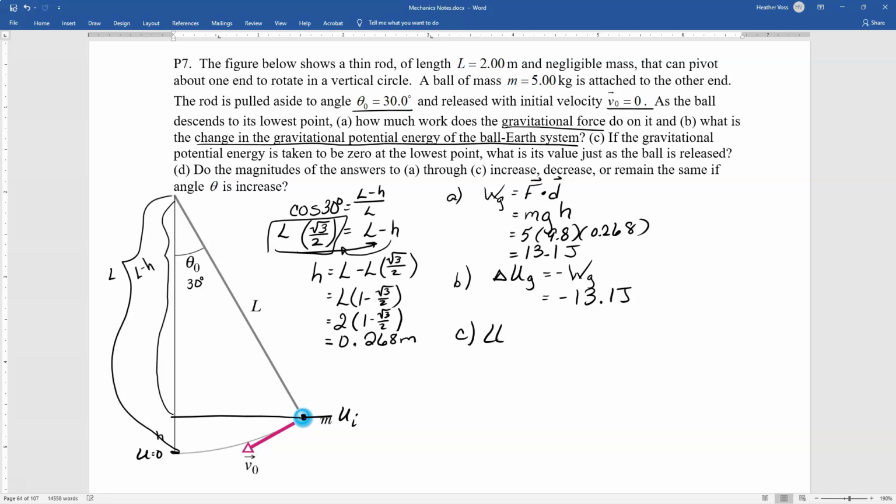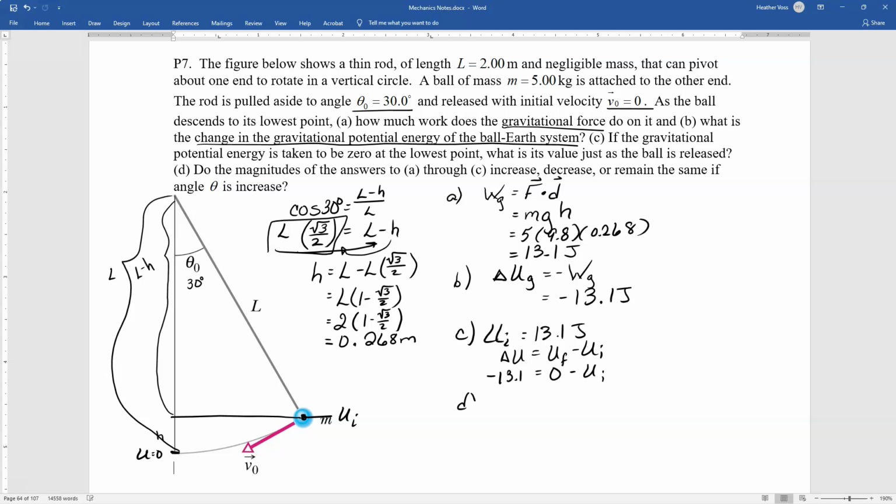The potential at the initial point, if the bottom is 0, and we've dropped that potential energy 13.1 joules, guess what we had to start with? 13.1 joules. How do I know that? Because change is going to be final minus initial. We know that the change was negative 13.1 joules. That's going to be 0 minus U initial, if we want to get fancy with it.